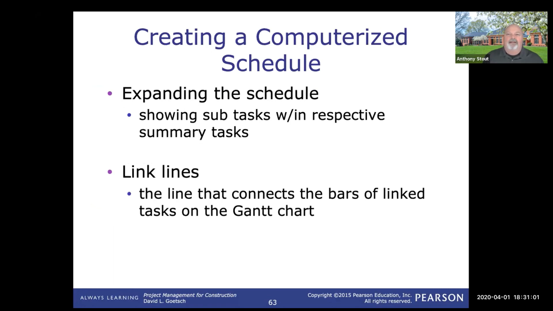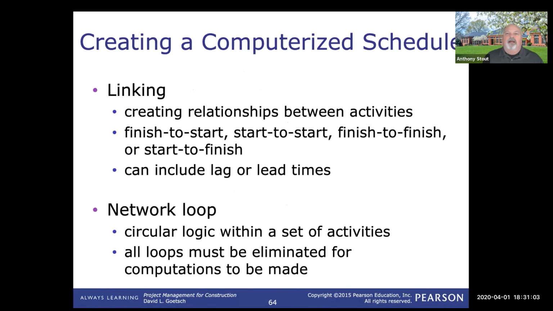We'll look at expanding. We'll talk about link lines and how to link. I described the 4 methodologies, the relationships that we have. And you can also add in there a lag or lead time. I can say that something is going to start after another item, but I can add so many days or hours or weeks or whatever your measurement is in between there as a delay.